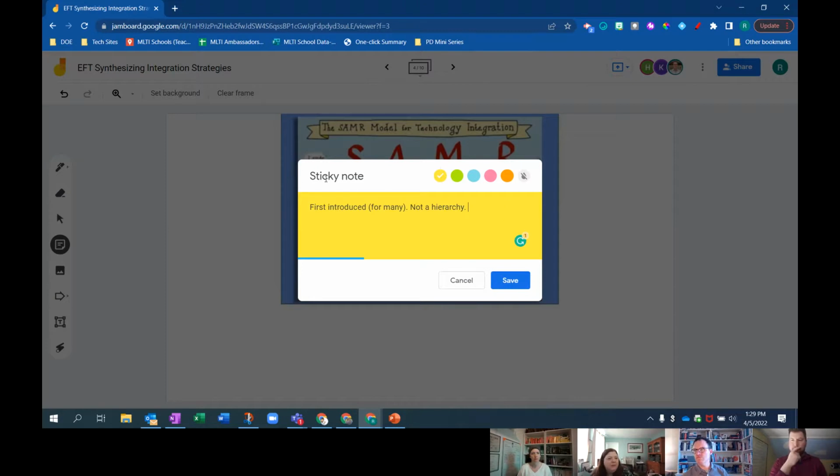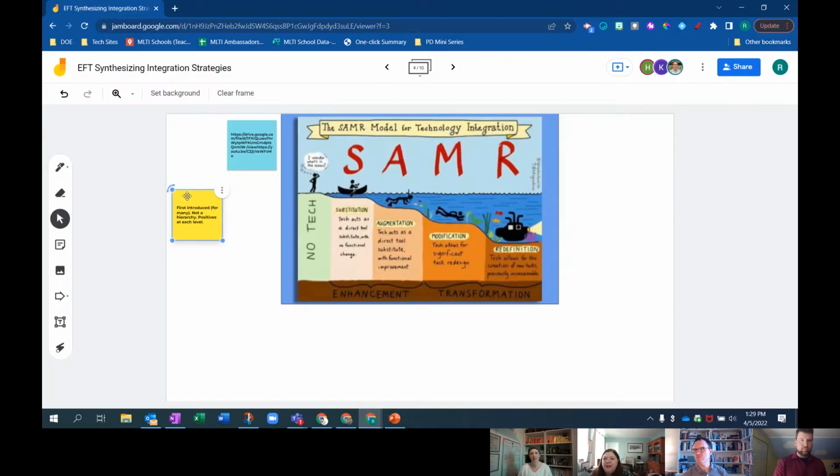Yeah, I would really like to build on that. And I'm going to put a sticky note on the Jamboard of a couple different resources. So I like to think of it as a pool. Sometimes you dive into the deep end of the pool, and sometimes you stay in the shallow end. And the trick is knowing when to push yourself to the deep end. And so I like more of a modified model that does allow that flexibility.